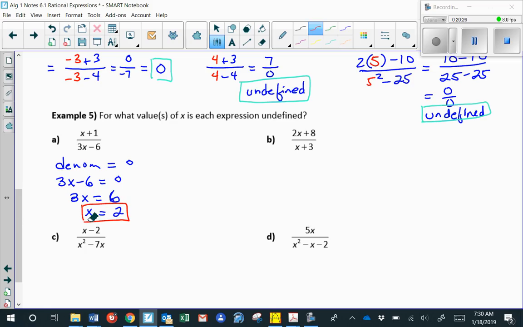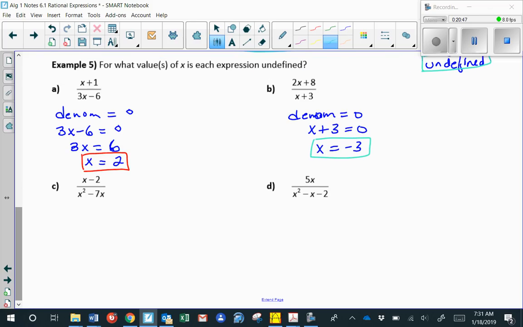So x equals 2 makes that fraction undefined. In example 5b, the denominator is equal to 0. So that means that x plus 3 is equal to 0, and that x is equal to negative 3. x equals negative 3 makes that fraction undefined.